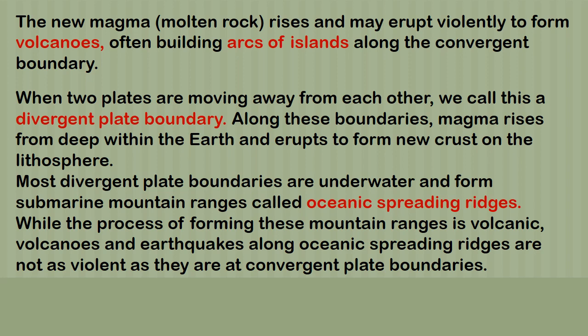Volcanoes and earthquakes along oceanic spreading ridges are not as violent as they are at the convergent plate boundaries. It means where there is a divergent plate boundary, the volcanoes are not as intense as compared to the volcanoes formed at a convergent plate boundary.